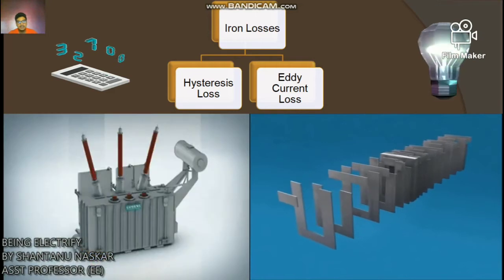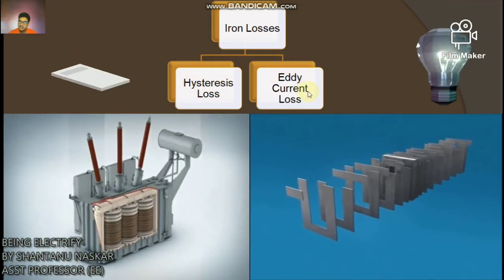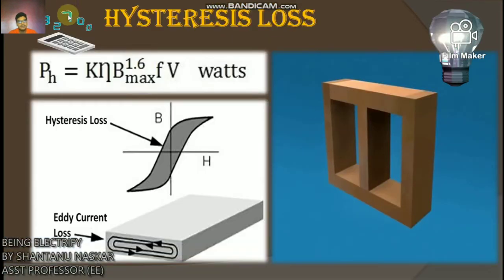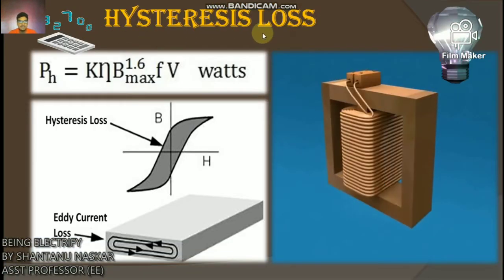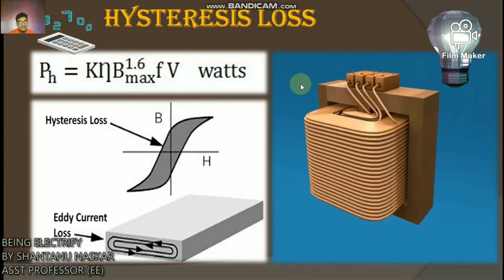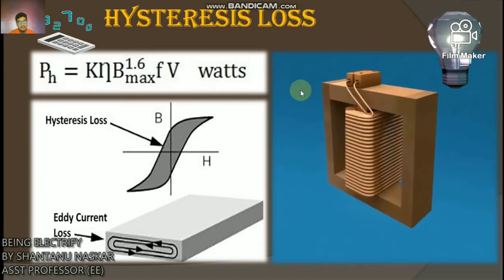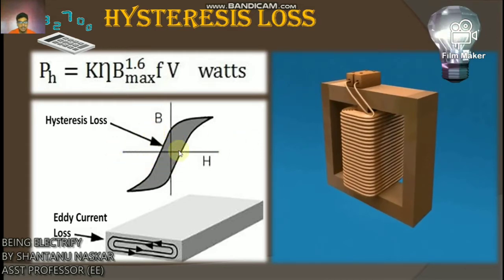First we will discuss hysteresis loss. The core of the transformer is subjected to an alternating magnetizing force, and for each cycle of EMF, a hysteresis loop is traced out.